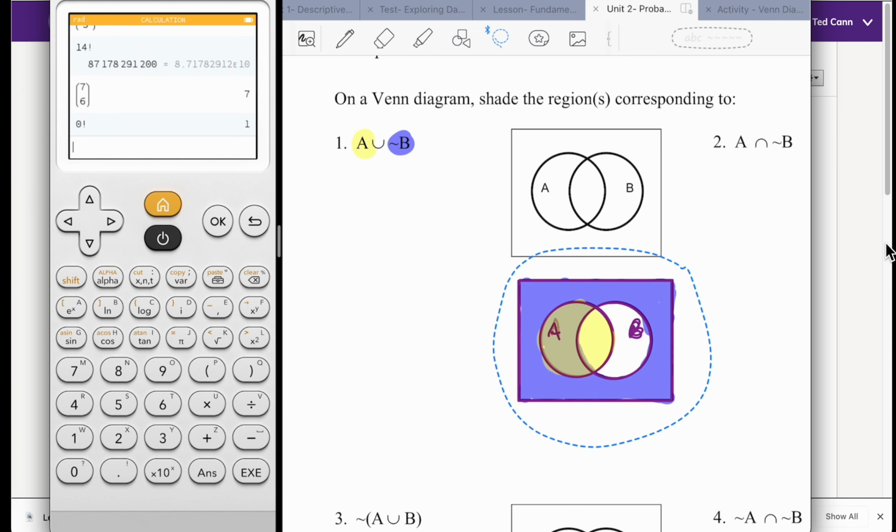Really, it's only that crescent moon part of B that's not shaded. So everything else would be part of the actual set. I'm able to determine what parts of the diagram are relevant by merging them together.